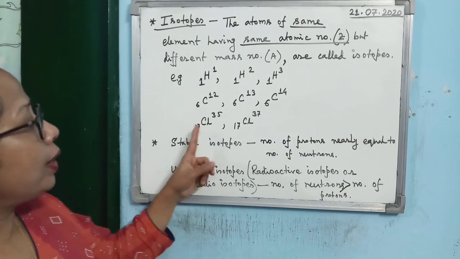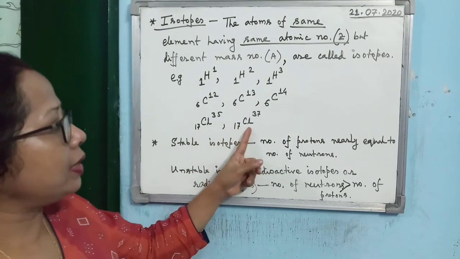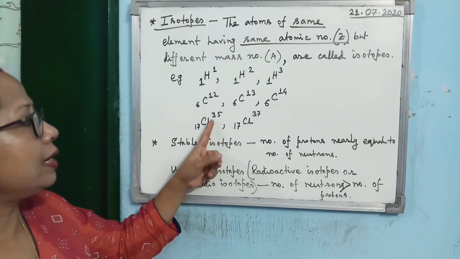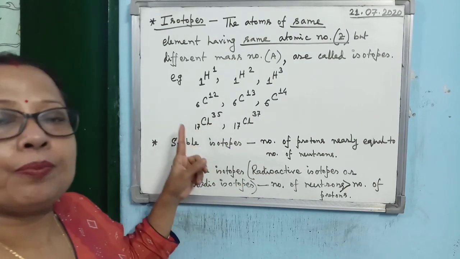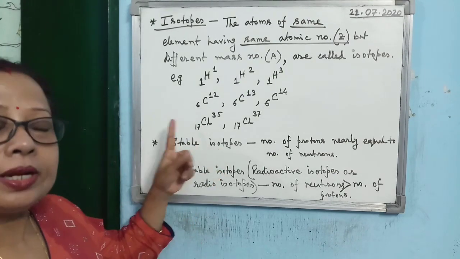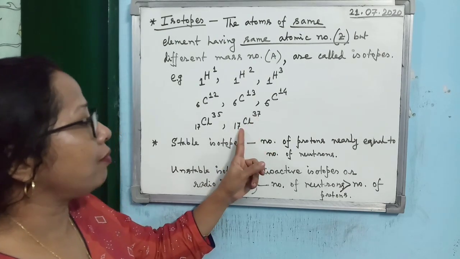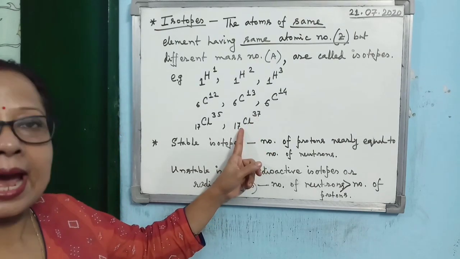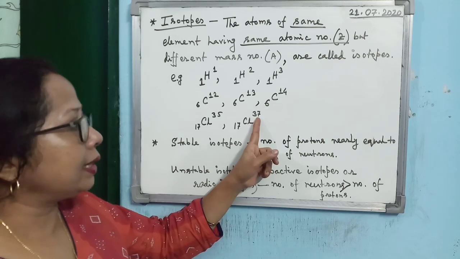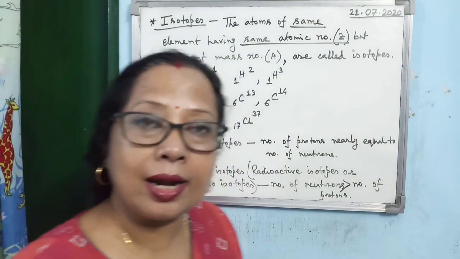Then chlorine has two isotopes, 17 chlorine 35 and 17 chlorine 37. In 17 chlorine 35, how many protons are there? 17, and how many neutrons are there? 18. But in the other case, it has 17 protons and how many neutrons? 37 minus 17 means 20 neutrons are there.